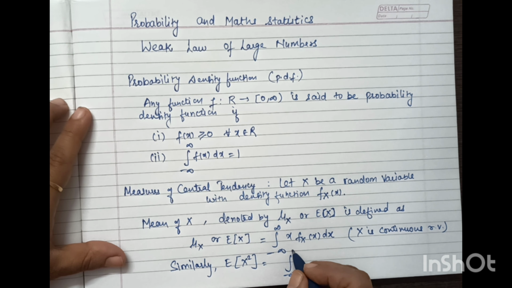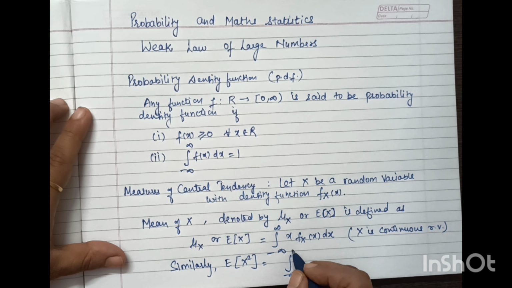Next is variance. Variance of random variable x, denoted as sigma square or var x, is defined as the integral from minus infinity to infinity.